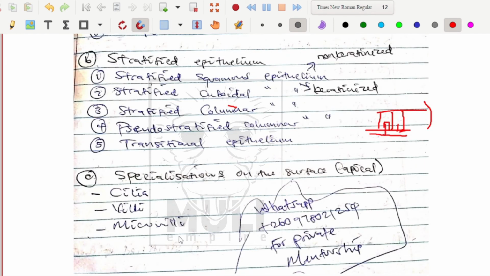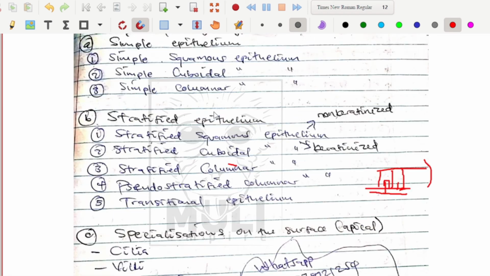Then looking at the specialization, these cells or tissues might have extra things on them. For example, stratified squamous epithelium can exist as non-keratinized or keratinized. Keratin is a protein. Non-keratinized means that it doesn't have what? That protein. For instance, when you look at your lips, they are watery, not so?